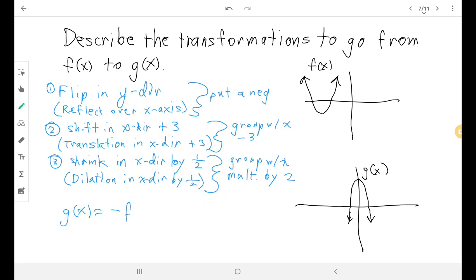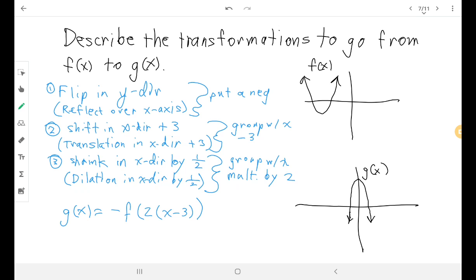And then it's f of, and then I've got this multiplication of 2, and then I've got this subtraction of 3, like that. And that's how it modifies, okay?